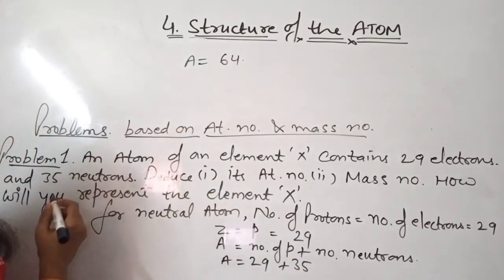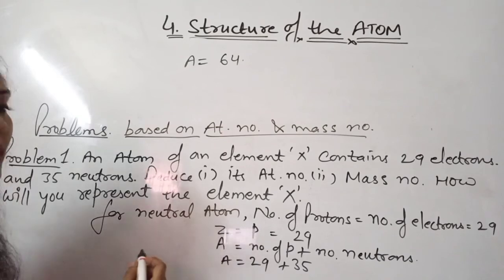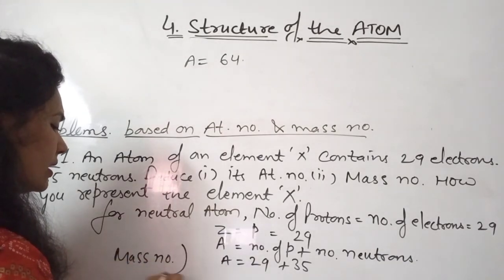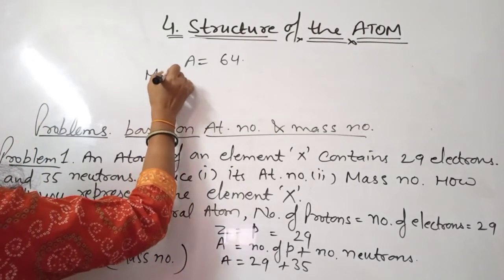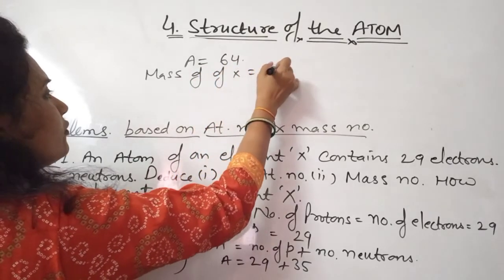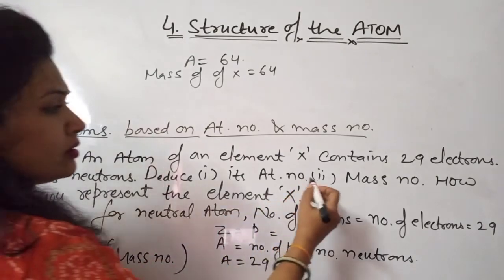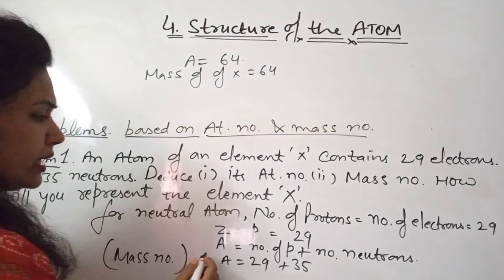So you can write, mass number A is, mass number of X is 64. How can we represent it? Here Z is the atomic number.